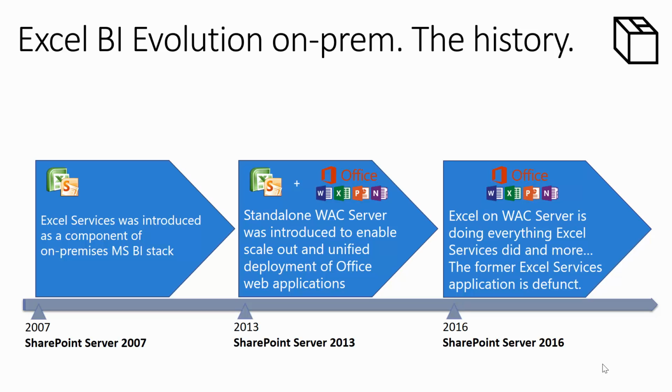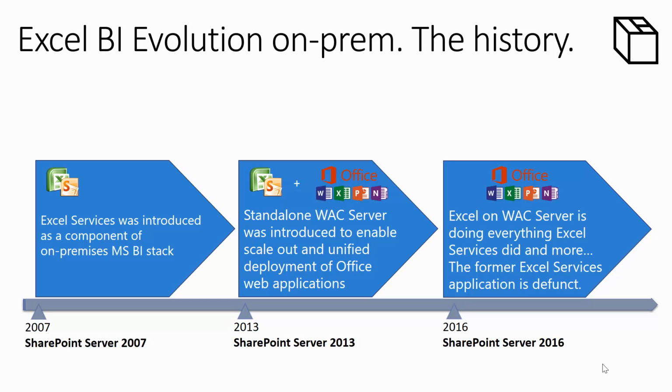Firstly, let's take a look at the history of Excel Services in the Microsoft BI stack so that you can later on explain the rationale of our actions to your customers and understand it yourselves. Excel Services got introduced in 2007 as part of the BI stack, and it was the front-end solution for data analysis.